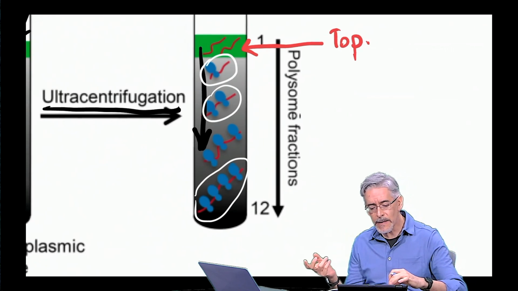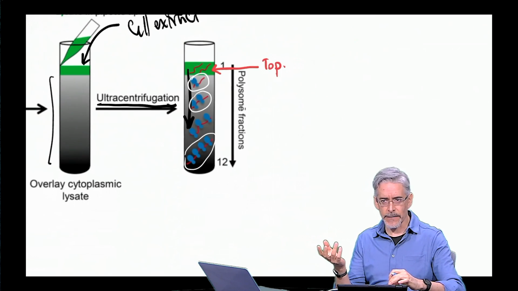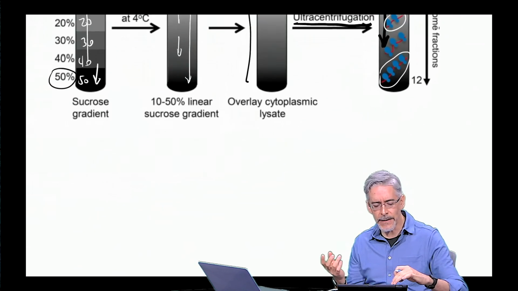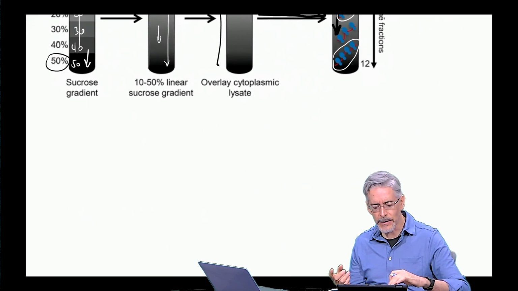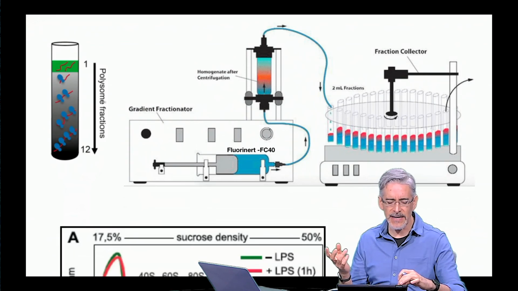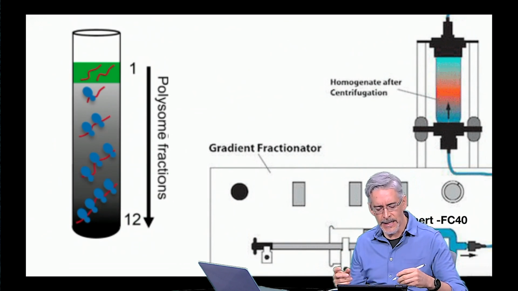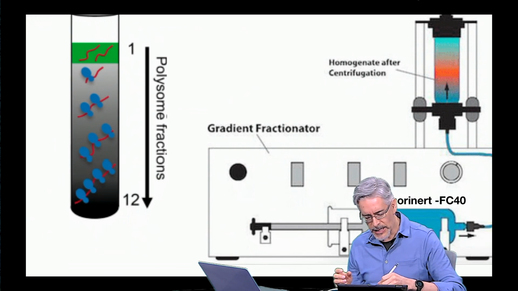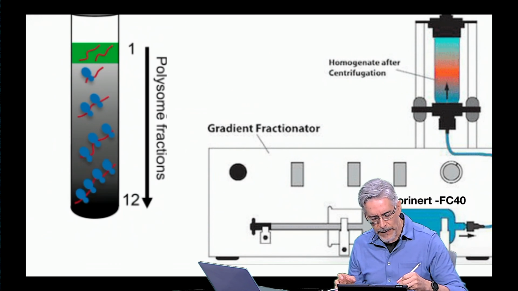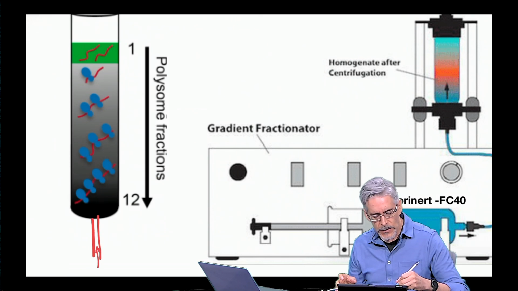The next step is then collecting fractions out of this. And how do you do that? Well, one way that you can relatively easily accomplish the collection of these different fractions is by injecting a very viscous substance at the bottom of the tube, so that you push everything upwards.